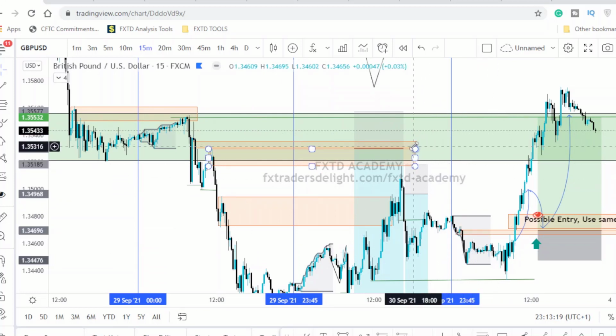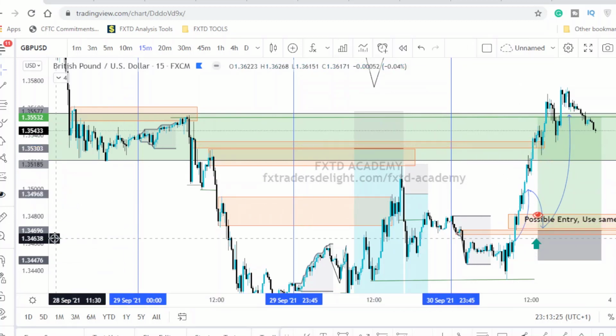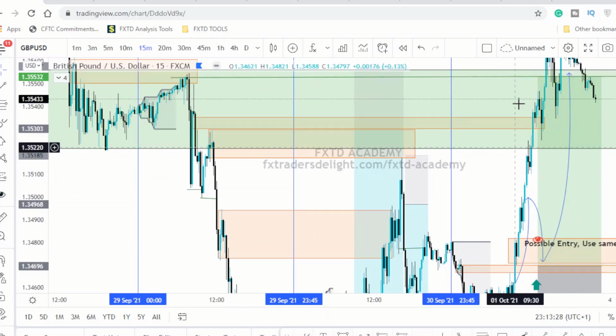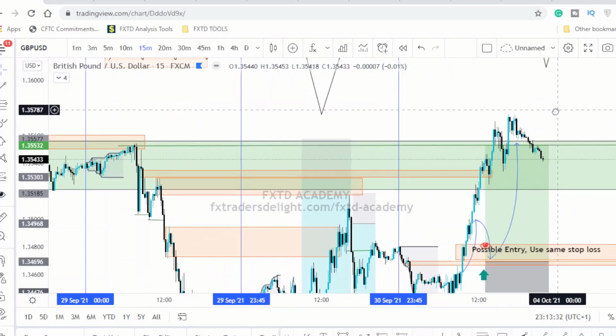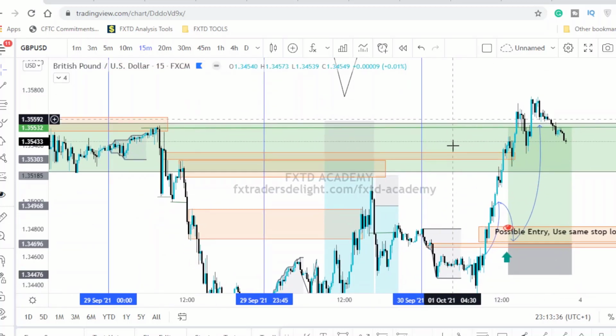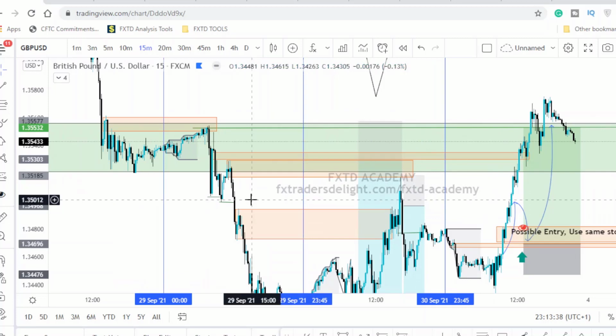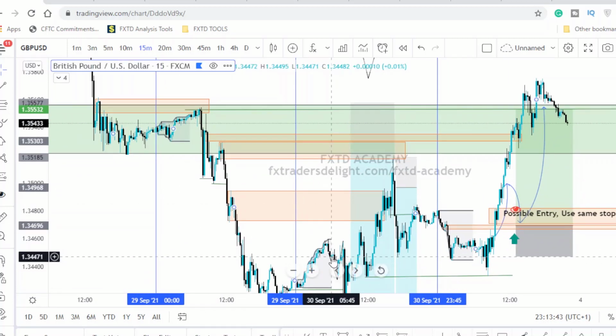Right now, we can see if we project this imbalance to the future, you can see that there was a massive candle that actually filled it up with full momentum, right? So that is a sign of strength. Now, understanding these things can actually give you a positive edge in the market whenever you are trading, right?